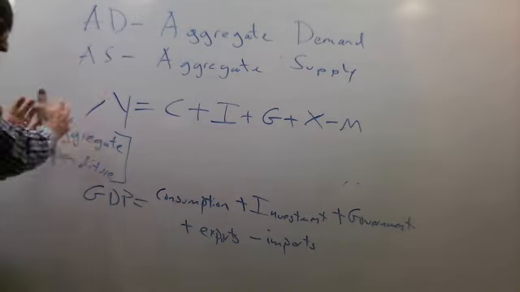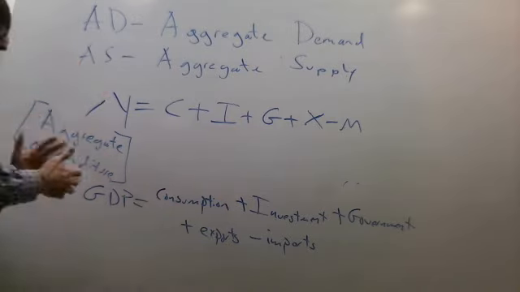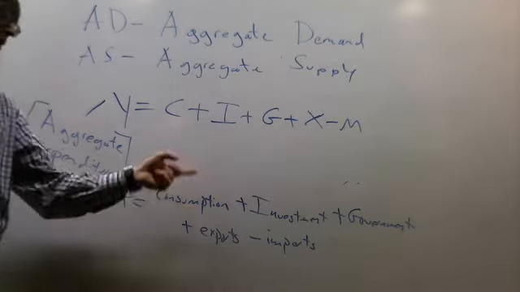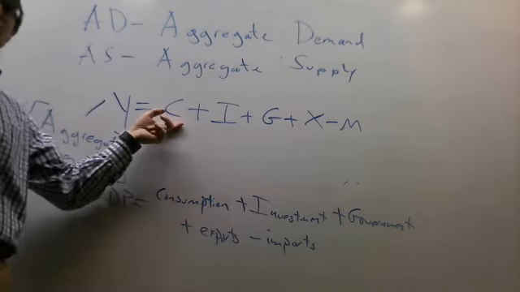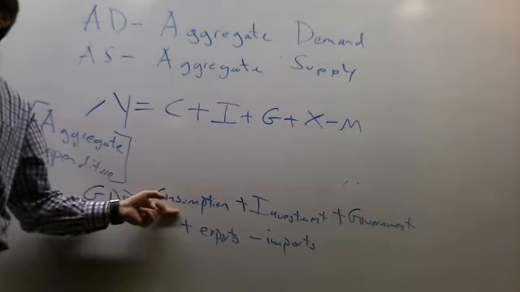Now, where does this come from? All the value of everything that people buy in an economy. Aggregate expenditure, you're spending money. Aggregate expenditure has to be purchased by one of three entities. Who can buy a truck, right? Households, and that's consumption, right? So if I go out and buy a Ford F-150, then guess what? That's consumption, right?